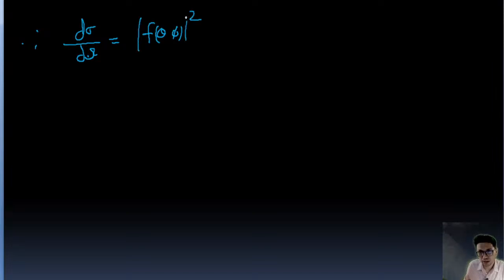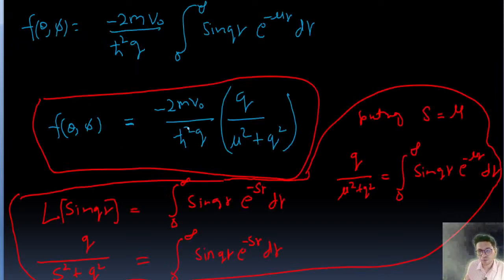Next, we know that d sigma upon d omega, the differential cross section, is the mod square of f, which is a function of theta and phi, right? So here we'll put the value. This is the value of f theta, so we'll take the mod square of this.